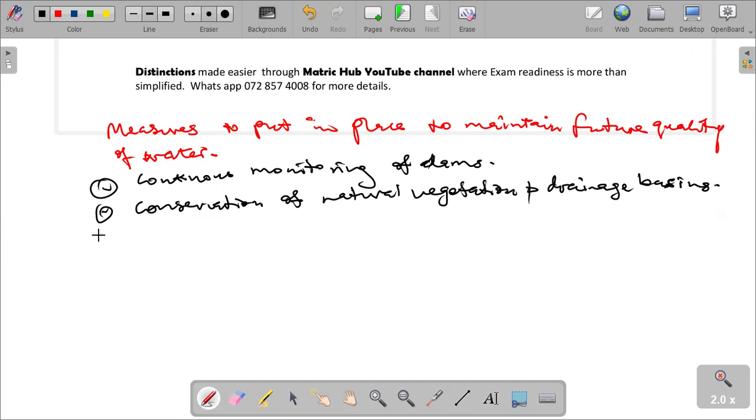We can also talk about measures, impose fines to companies which do not comply with regulations.